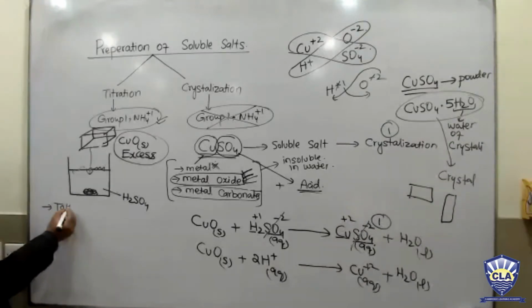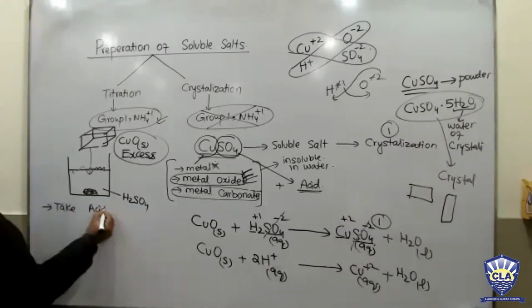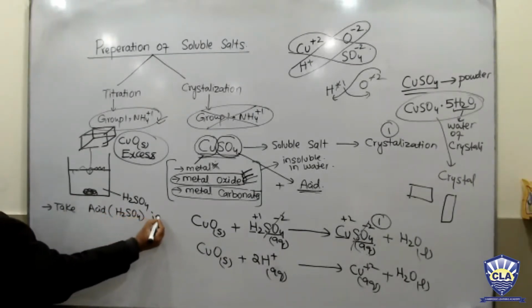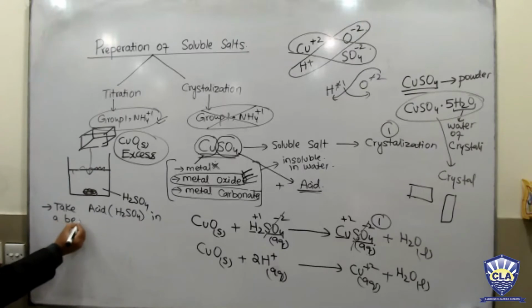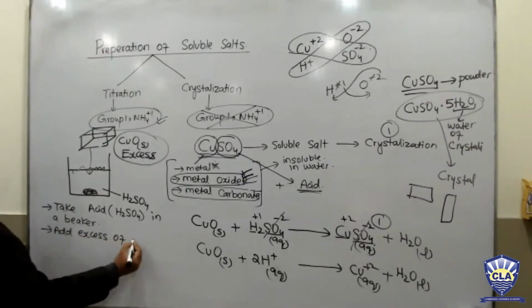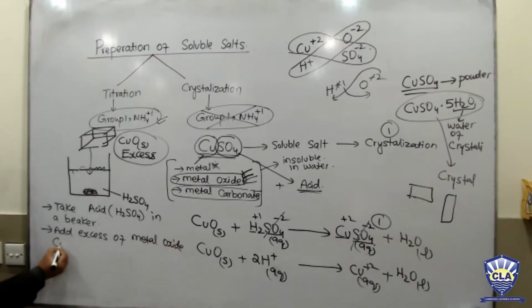Take acid H2SO4 in a beaker, add excess of metal oxide, and the metal oxide we have taken up here, that is copper oxide.